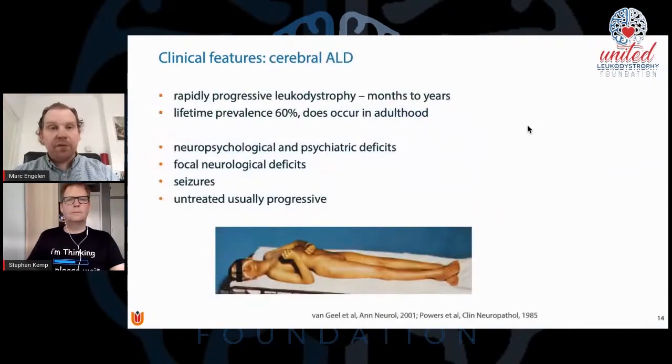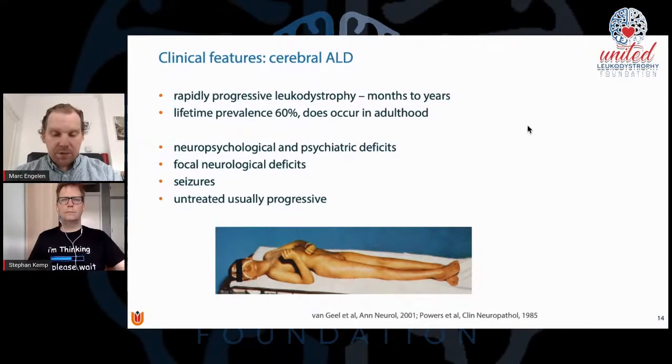All right, and I'll briefly touch on cerebral ALD because that is something that Dr. Koehler is going to talk about in more detail. But cerebral ALD is a leukodystrophy, so those manifestations affect the white matter of the brain. And when it occurs, it is generally rapidly progressive, in contrast to many other manifestations of ALD that develop over years or decades or even longer.